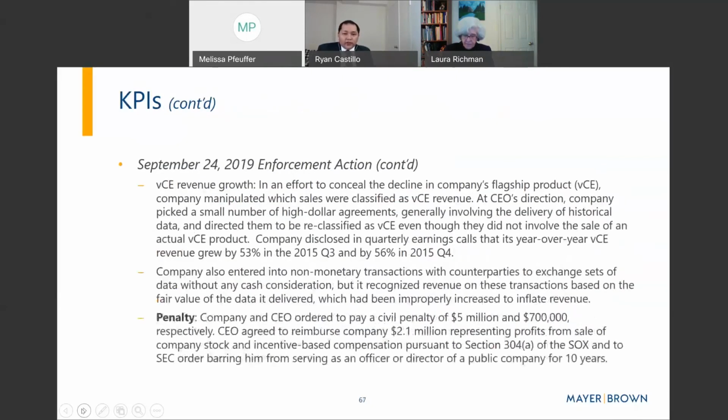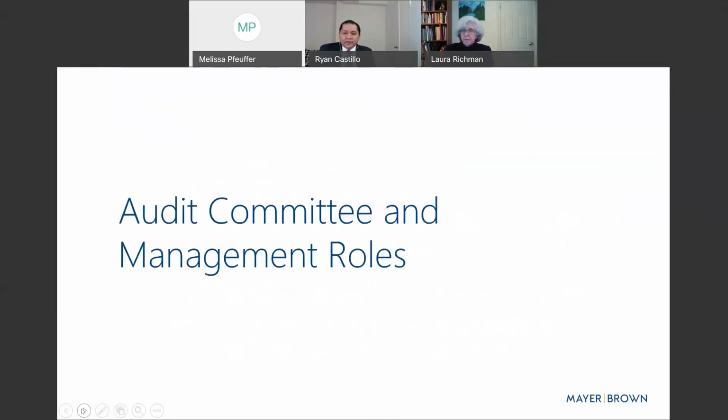The SEC ordered the company to pay $5 million in penalty. The CEO paid $700,000, disgorged $2 million in profits, and was barred from serving in a public company for the next 10 years. So those are examples of enforcement actions that we have seen in the recent maybe 2 or 3 years from the SEC.